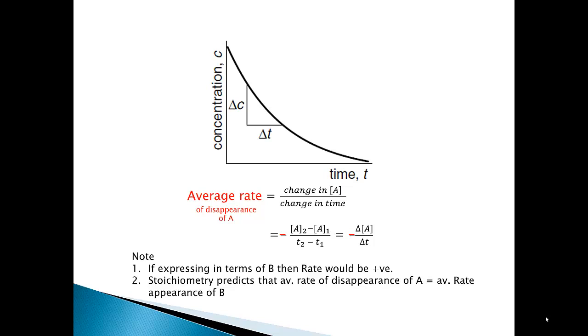This is quite obviously because there's going to be less concentration of A in the solution of gas over time. So the reaction rate is going to decrease over time. But to determine the average rate, we have to look over a time period.